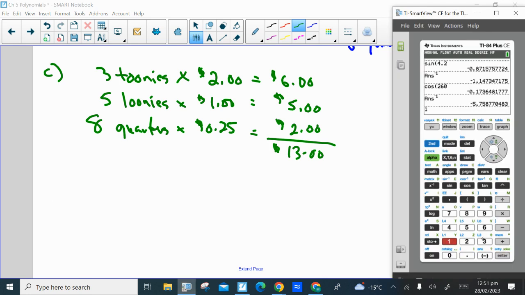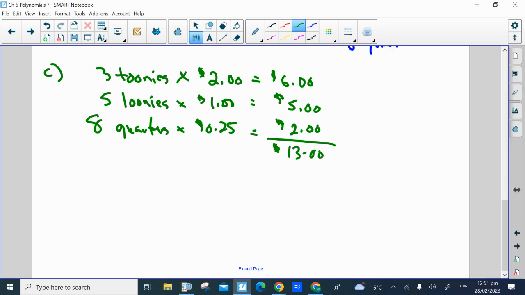Each pile has $13. There are 6 piles. So yeah, $78 would be the value of all the money altogether. Right? So here's an example of where we're using greatest common factor. Instead of greatest common factor of a polynomial, it's the greatest common factor of 3 different numbers, which we've done before.